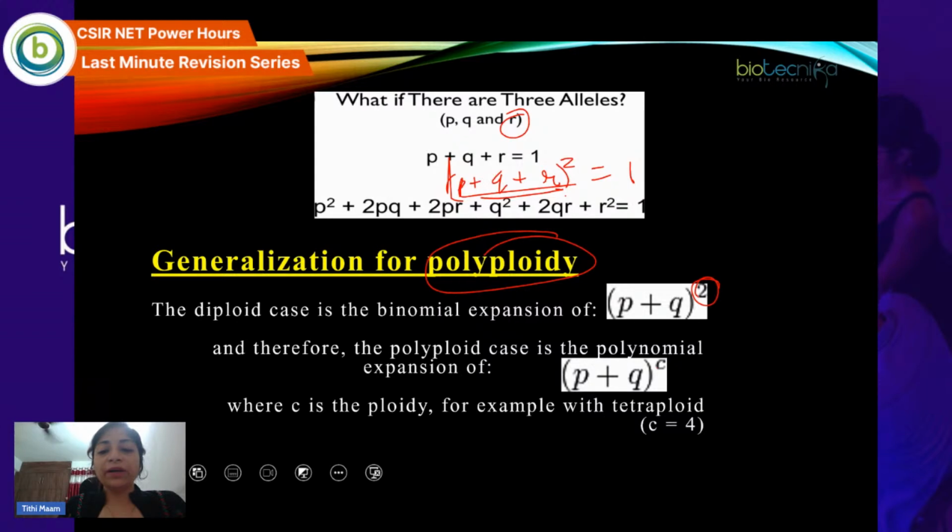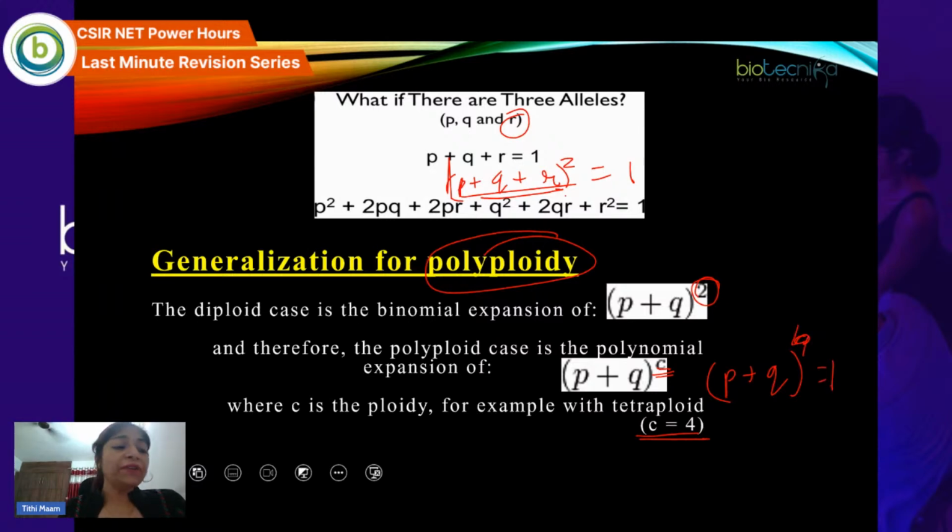It will become c, where c is the ploidy level of the individual. If you are talking about a tetraploid, for example, c becomes equal to 4. So for the genotype expansion, in what frequency the genotypes are expected in the population, it will be the expansion of p plus q to the power 4 equal to 1.